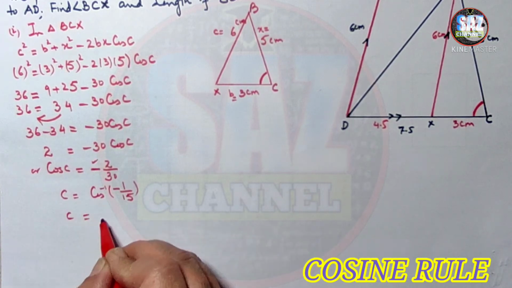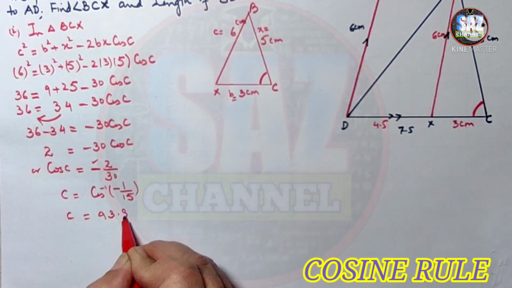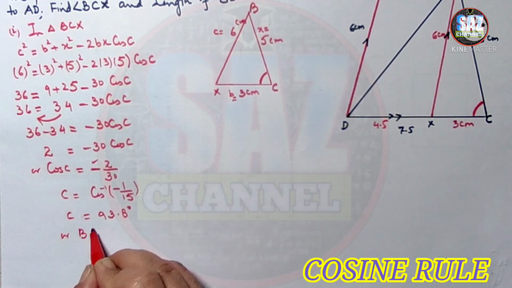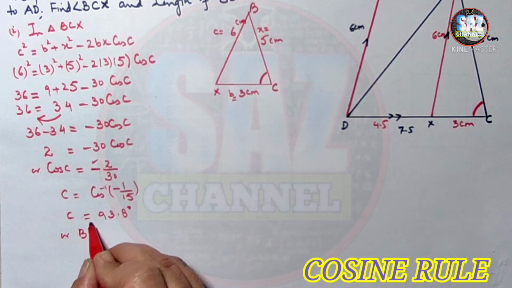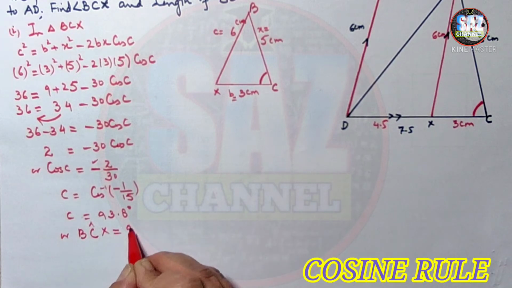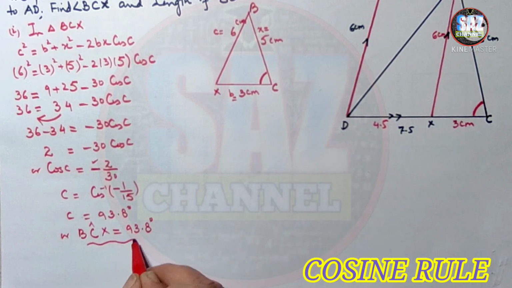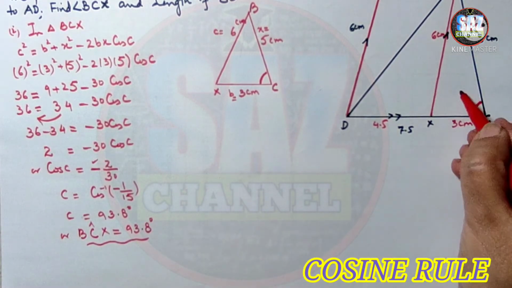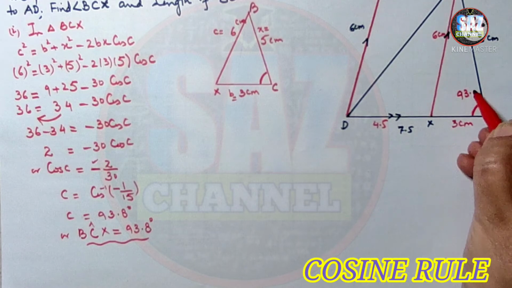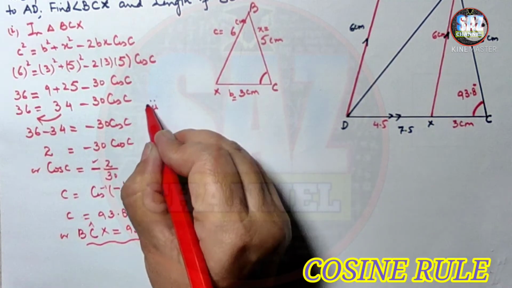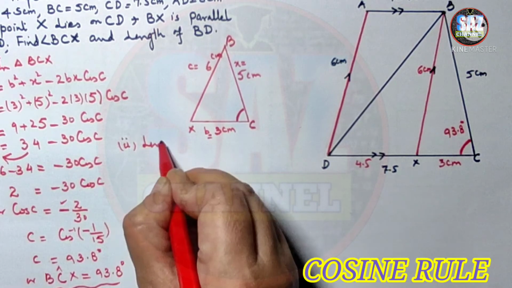C equals 93.8 degrees, or BCX angle, which is the requirement of the question, is 93.8 degrees. And let me underline this, 93.8. I hope the first requirement of the question is clear to all of you, and the second is length BD.